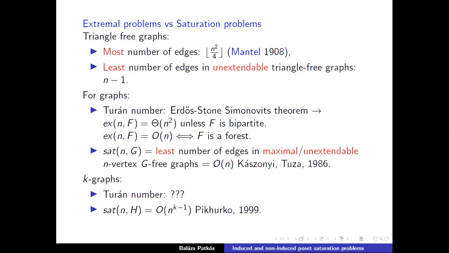And Pikhurko's result says that no matter what the forbidden hypergraph H is, one can always create a hypergraph on n vertices with big O of n to the k minus 1 hyperedges, such that this hypergraph doesn't contain H, but adding any new hyperedge would create a copy of H.